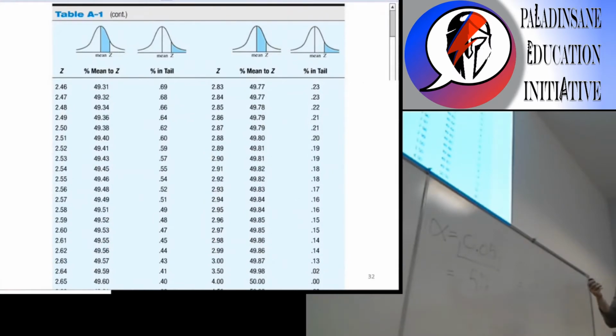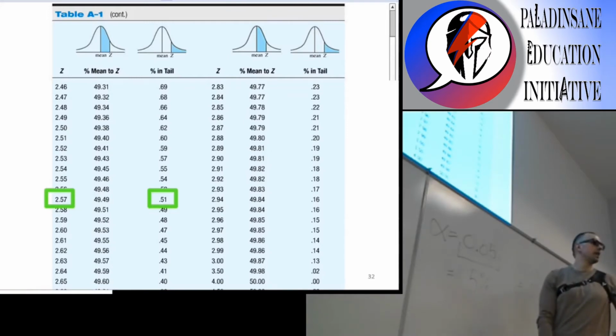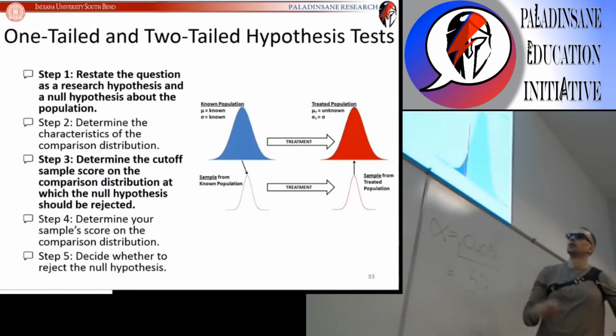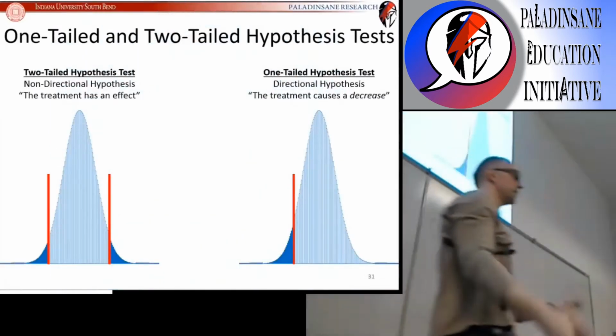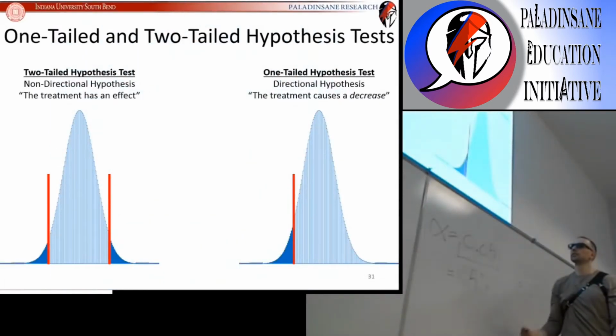Once again, we get a kind of nasty situation where they're both one away. But importantly, we find 0.5% in the tail. Read the associated z-score, and your lines in the sand will be plus or minus 2.57. Plus or minus 2.57 puts 0.5% here, 0.5% here. So the total percentage is 1% in the tails.